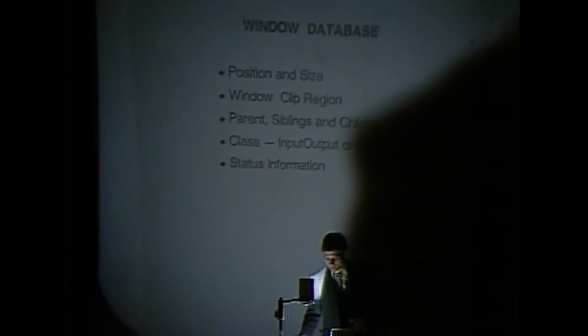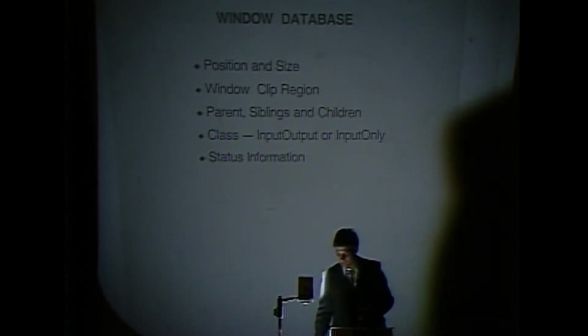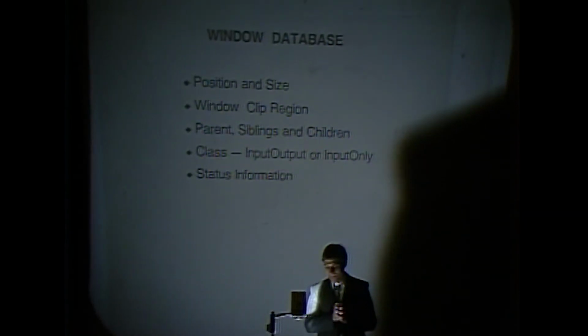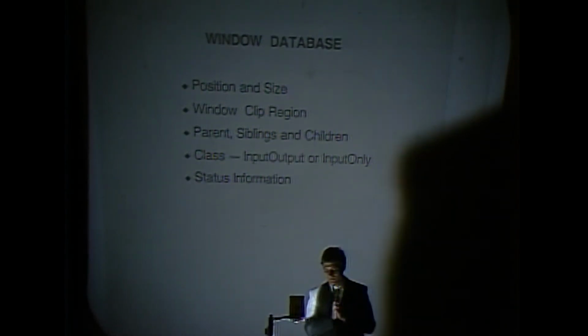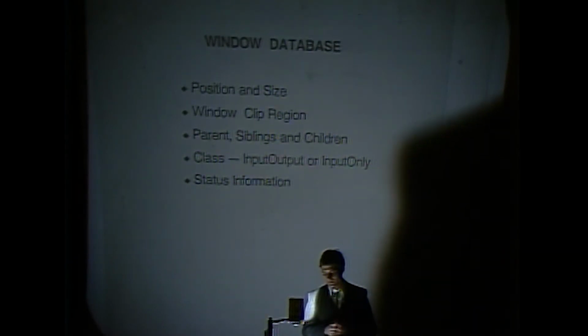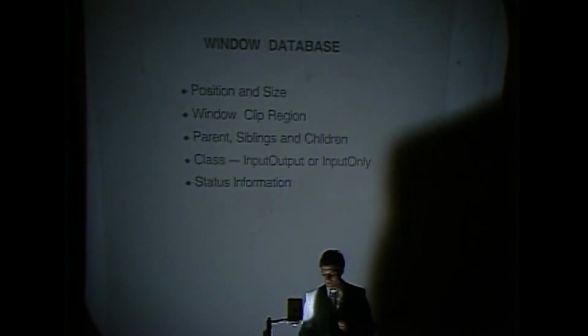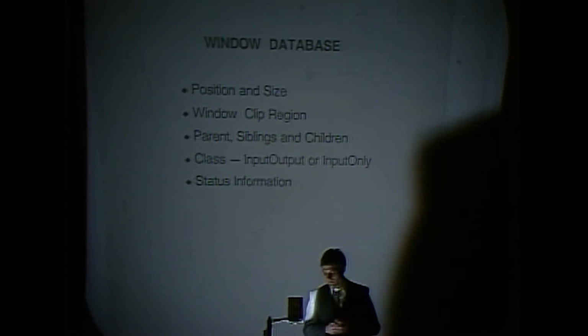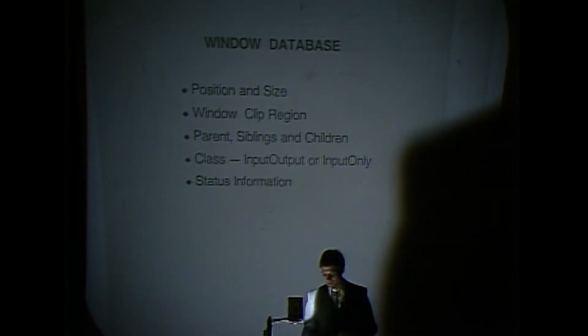Okay, here's what we need to share in the window database: the position and size of the windows, so that one window system can change the position and size of another window, and that'll all work. The window clip region: an X window can obscure a Y window, and that needs to be handled at the clip region stage.